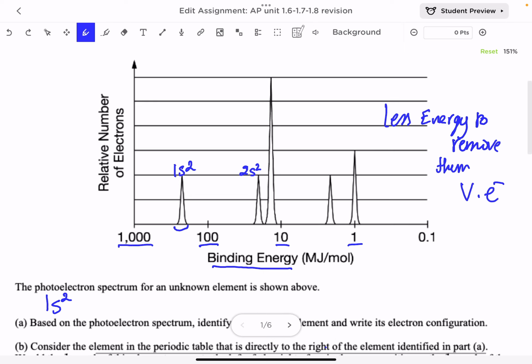After the 2s2 comes the p with 6 electrons, 1, 2, 3, 4, 5, 6. So that is 2p6. Again, this one has the same height, so this is 3s2, and this is a 3p. However, this 3p is not as tall as the 2p6, so that makes it 1, 2, 3. 3p3.